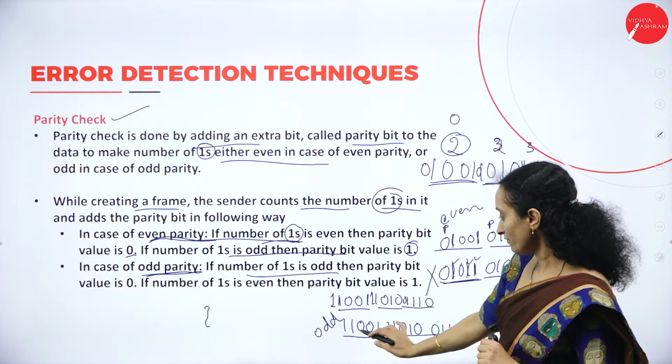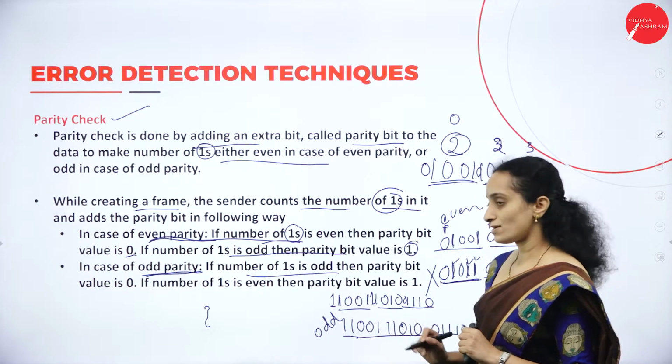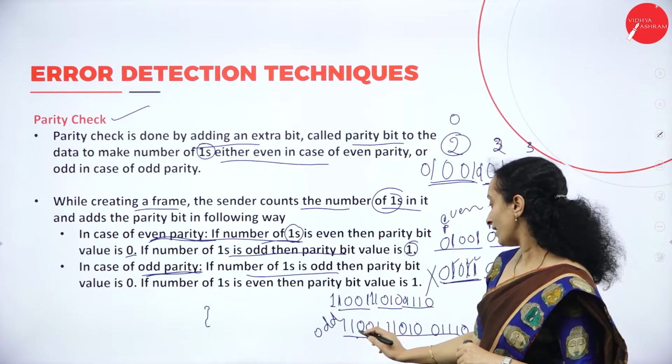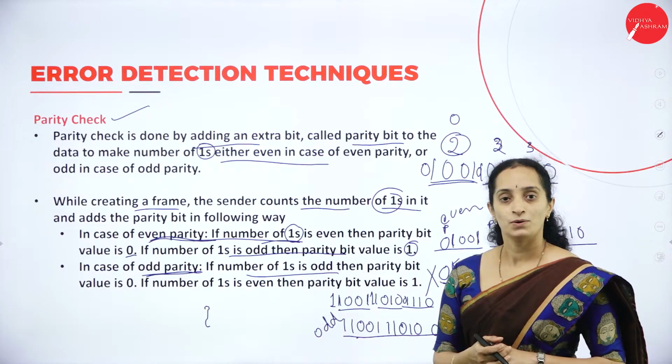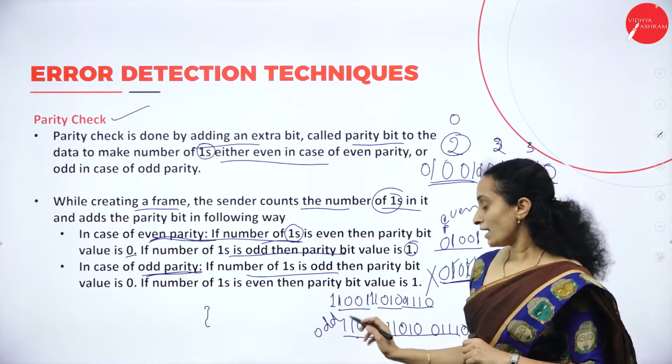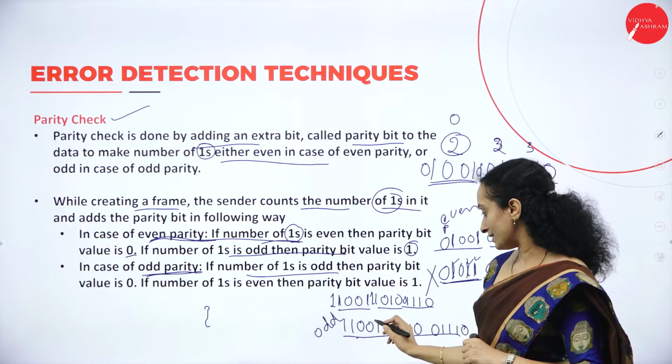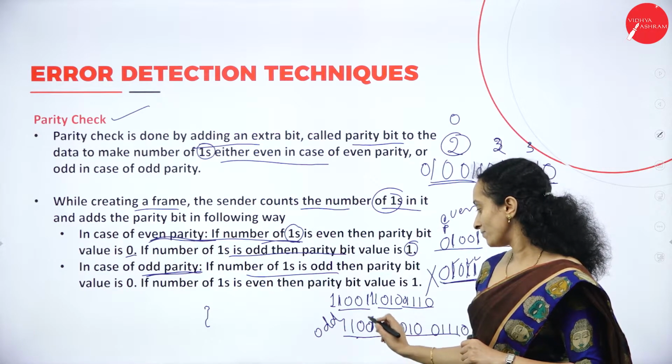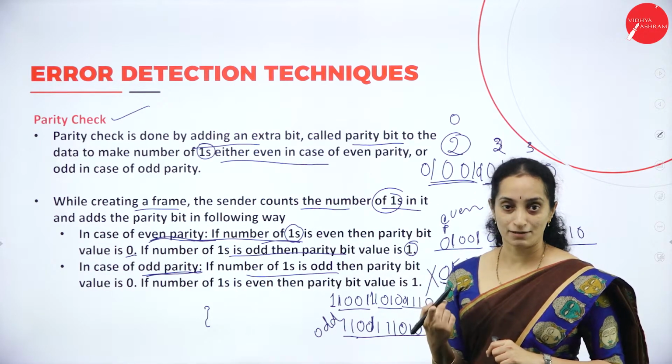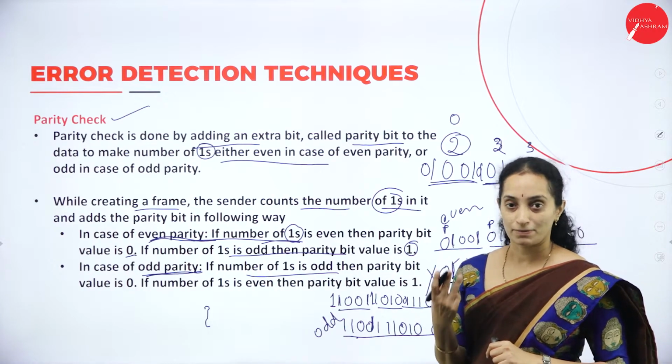For example, we have this odd parity where we have two ones in this frame. If one bit is changed and becomes 1, the number of ones will become 3.